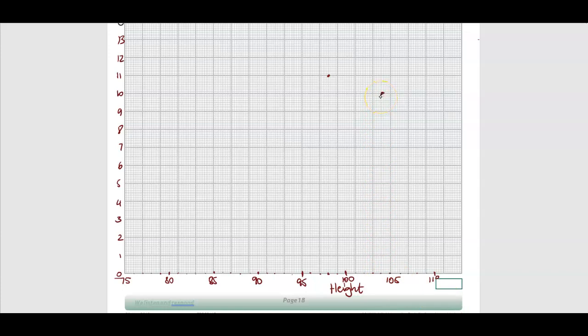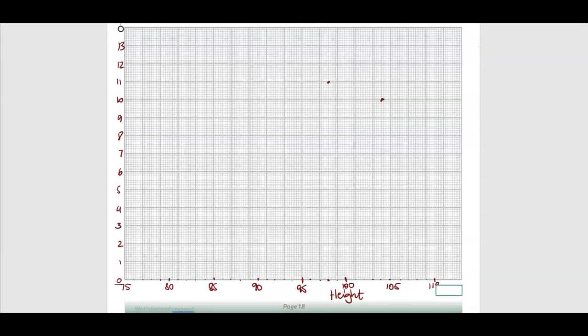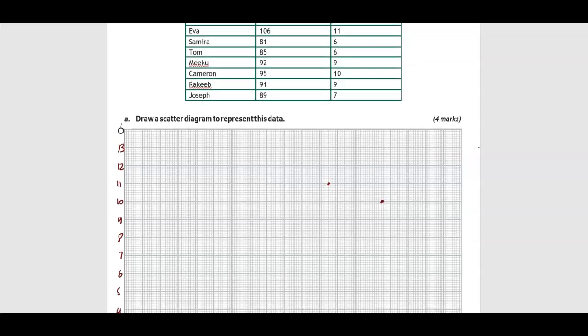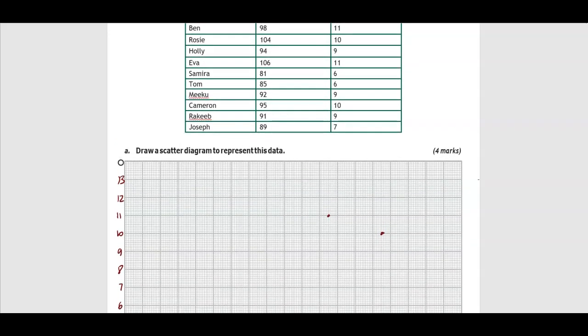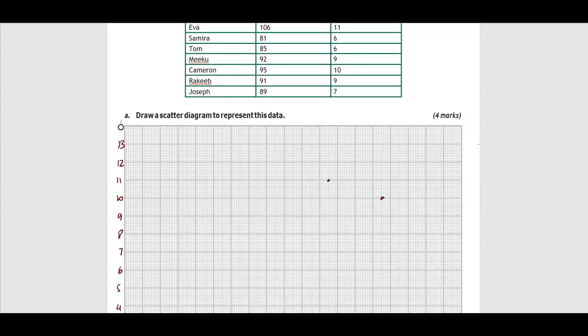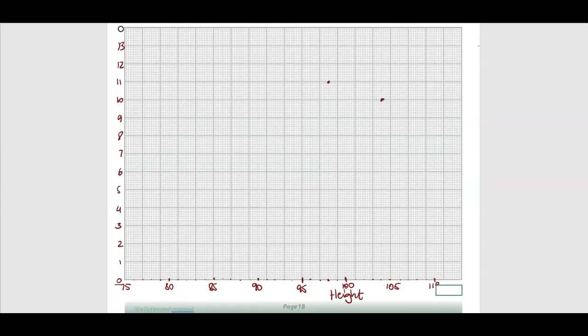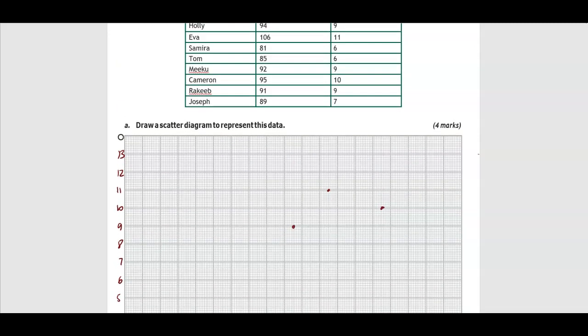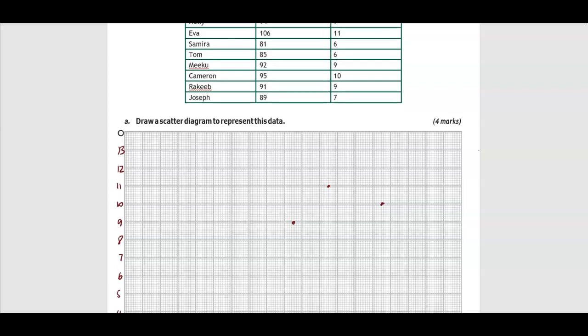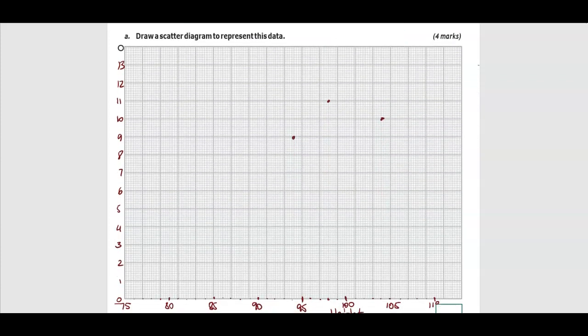So I'll repeat the process and plot all of the points. Holly 94, 9. So 94 going to shoe size 9. Eva 106, 11. 106 going up to 11.